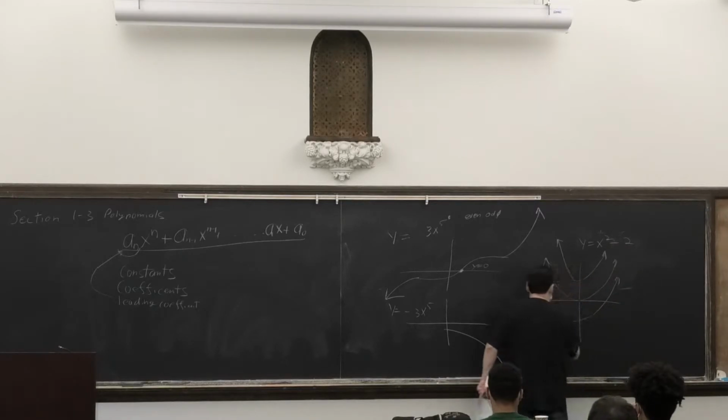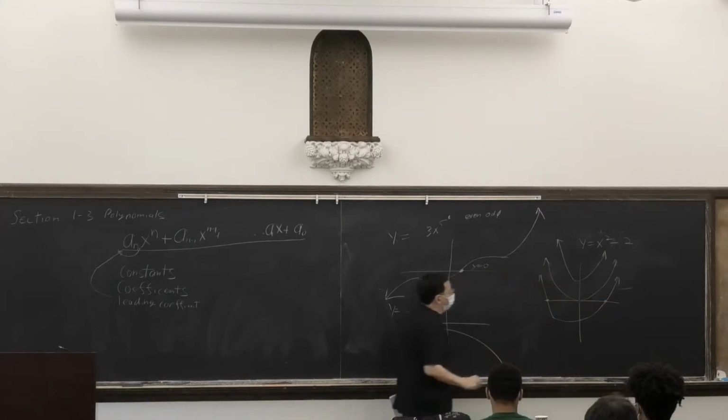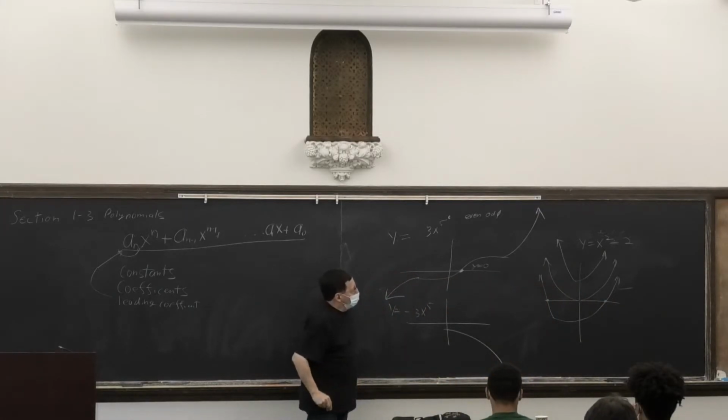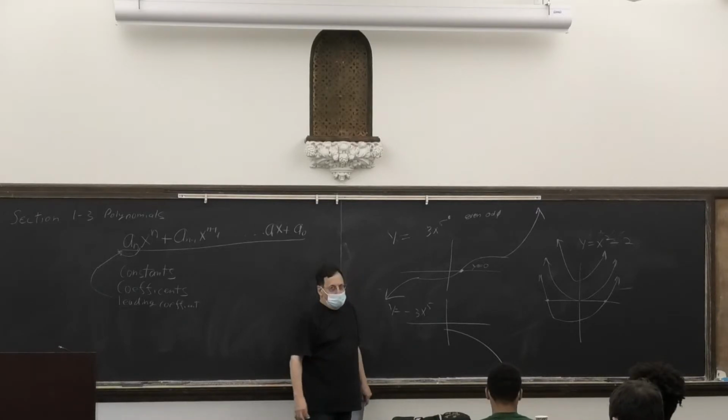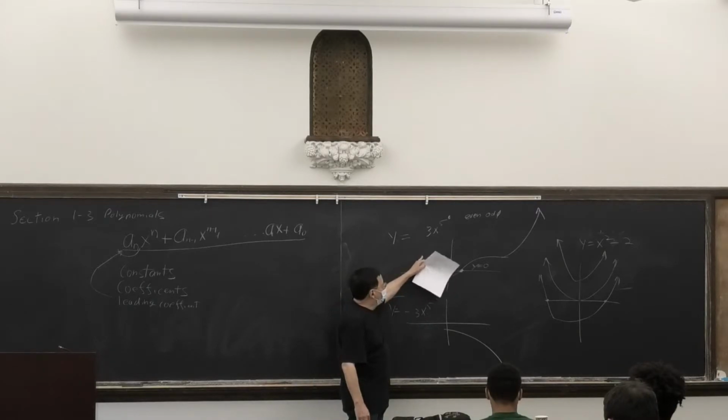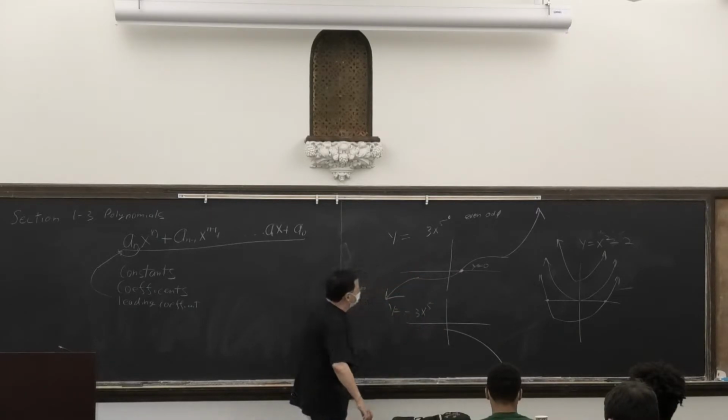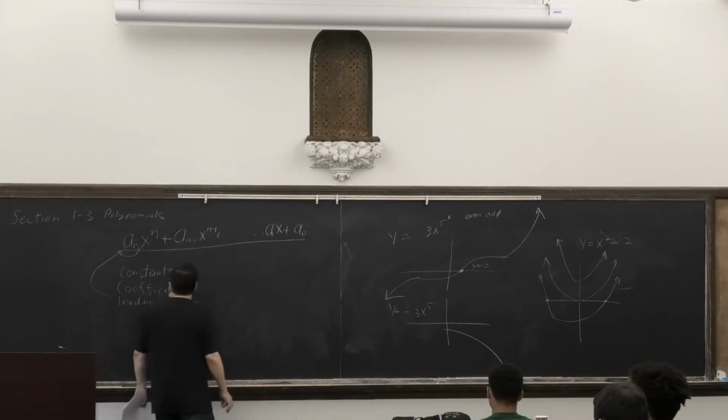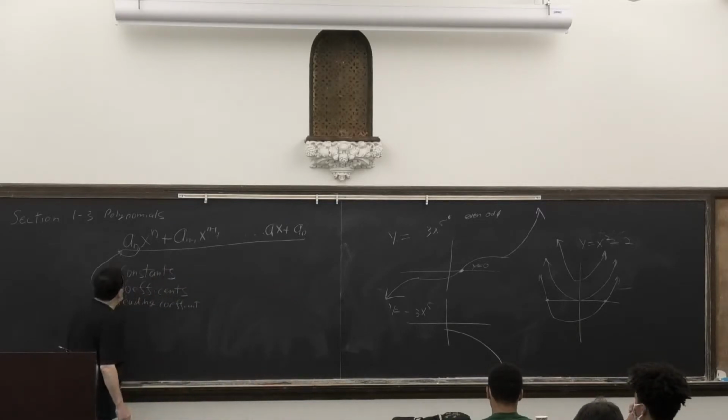Might have 2 zeros. Okay. So even polynomials don't always have a real root. Odd degree polynomials always have a root. Okay, so that's the leading coefficient, and it tells you a lot.